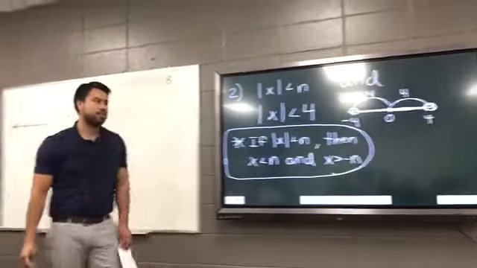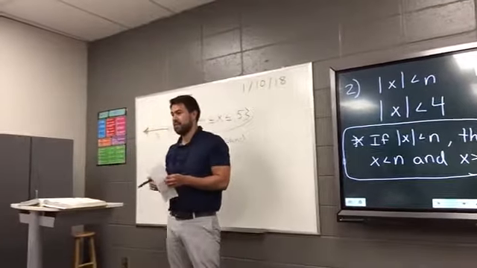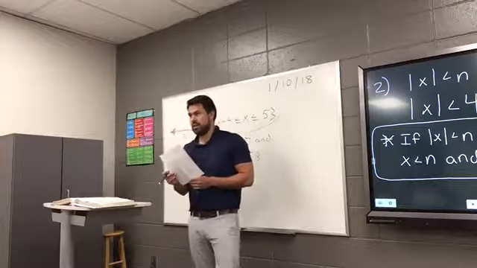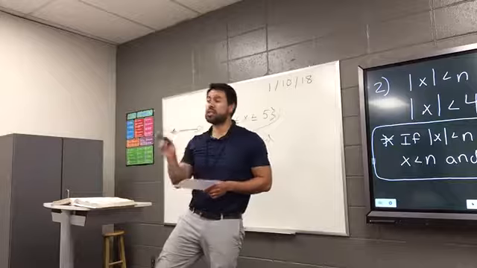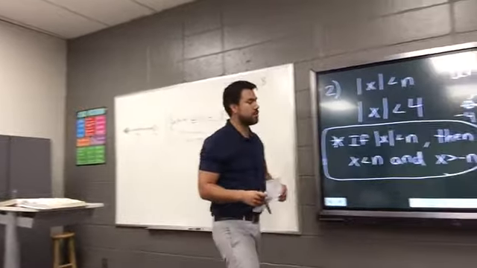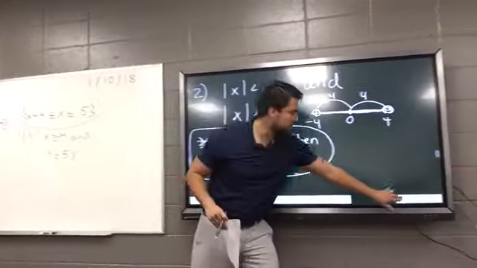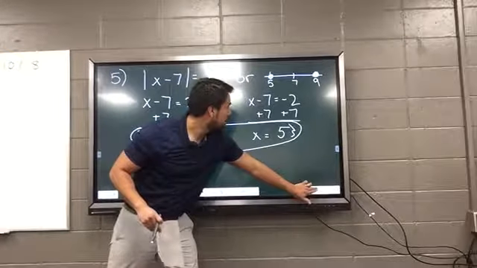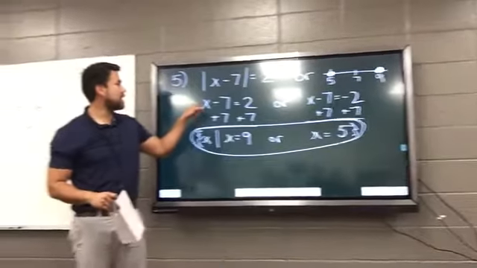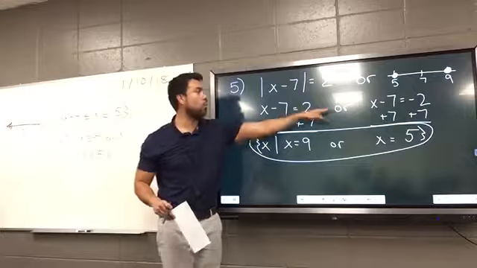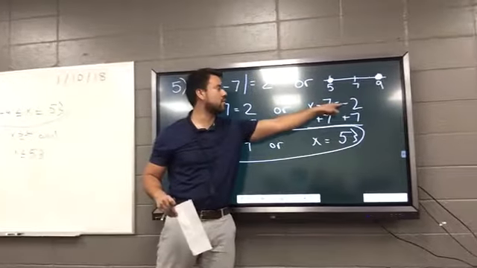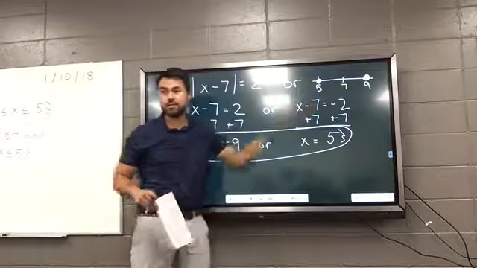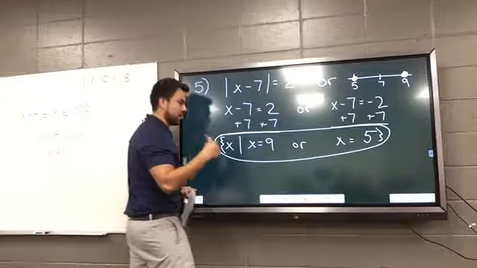So that's how I get that number. Hasn't it changed both times already? Do you guys remember with the equal to? Let's go back. Right here, didn't we say x minus 7 is equal to 2, or x minus 7 is equal to negative 2? So it's always going to be both, the positive and the negative version.